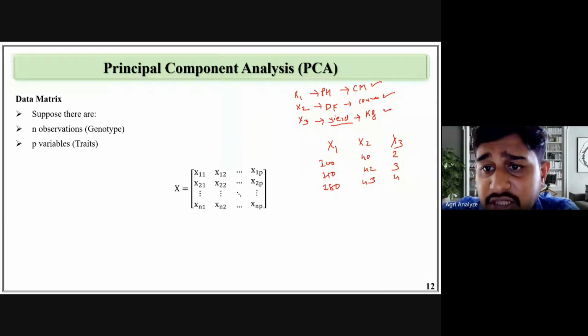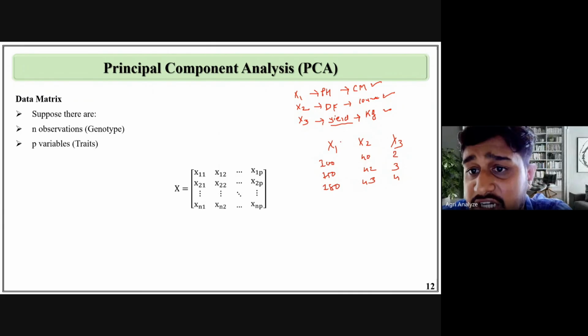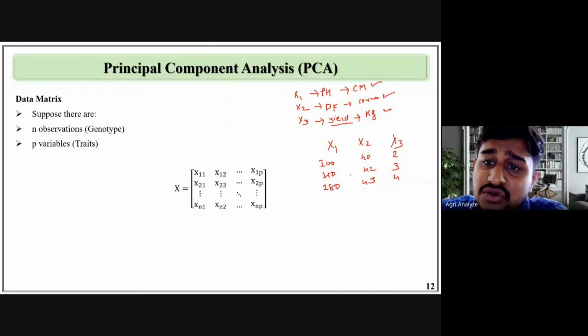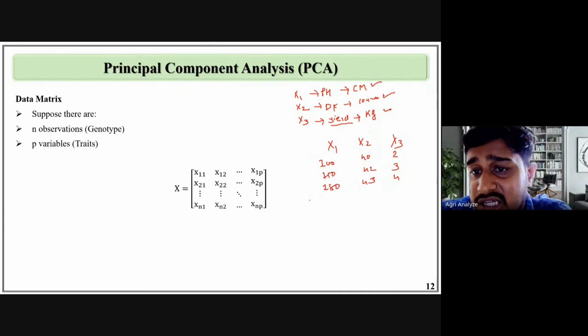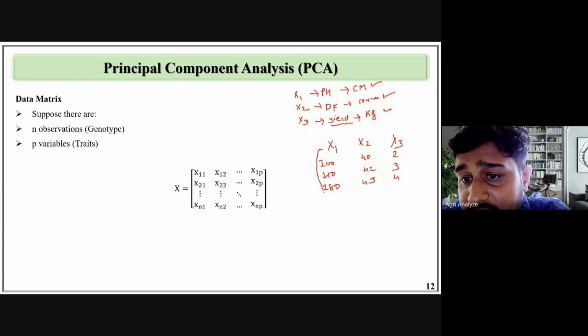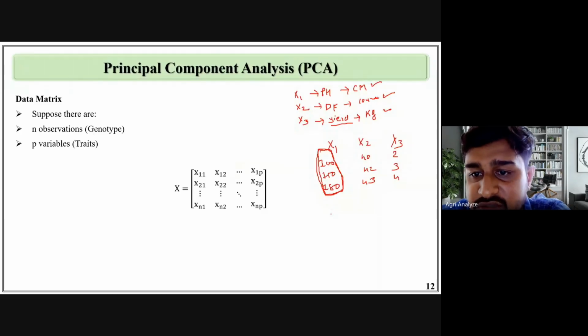So all the variables are measured in different units. Based on this data, we can see that the x1 variable has a higher magnitude of data because it is measured in centimeters compared to the x2 and x3 variables. The x3 variable is measured in kilograms, so it has values of 2, 3, or 4. So it has a lower magnitude.